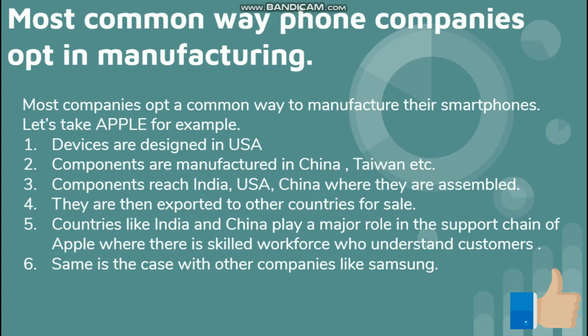After the components are manufactured, they reach countries like India, the USA, and China, where they can be efficiently assembled in less time, and the cost of production is also less. After they are assembled, the final smartphone is exported to other countries for sale, or some part of these smartphones are available in the country itself.